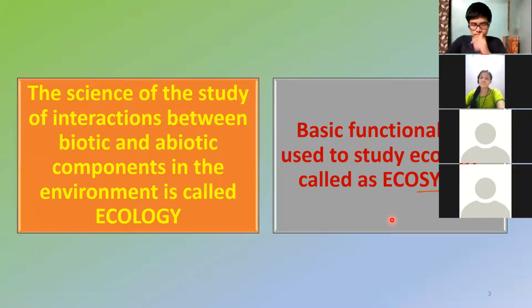You cannot call any unit an ecosystem if it has only abiotic or only biotic components. Only biotic is anyway not possible. But if there is only abiotic, there will be no life there, so you cannot call it an ecosystem. It has to have both, and they should be interacting with each other in every possible way.